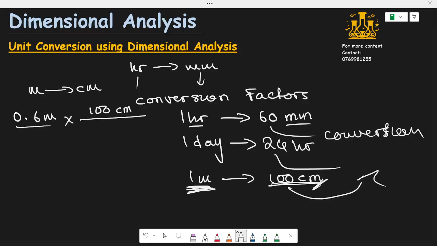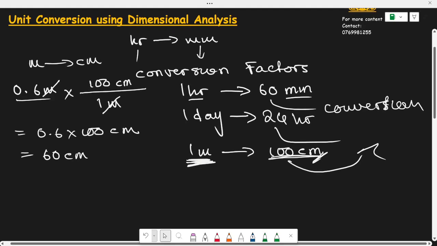Then you have 1 meter on the bottom, so that this meter and this meter can cancel. Then you can freely multiply these two to be 0.6 times 100 centimeters. And the answer you're going to get is 60 centimeters.